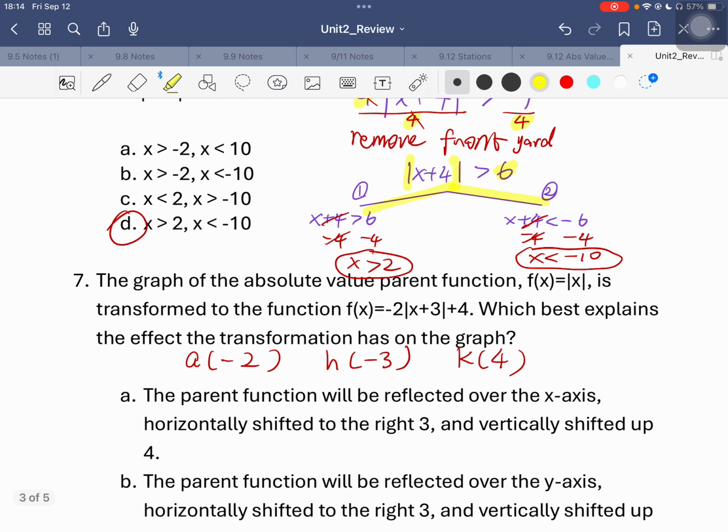x plus 4 greater than 6. And on this side is what changes. x plus 4 less than negative 6.